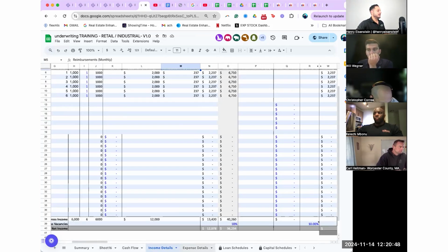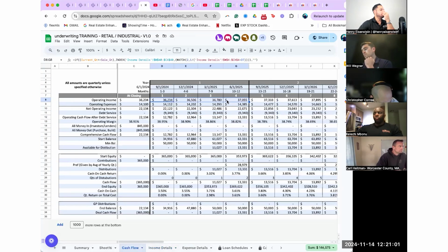Now that will basically cancel each other out, and I can go back now to cash flow, and I can see here my income now went up, right? I believe by 15 grand because it's also still taking off 10% for vacancy, by the way. So it's taking that into account. I want you to know that's why it's not exactly 17 grand, but you will see roughly, call it 17 grand minus 10%, whatever that is, added to the operating income.